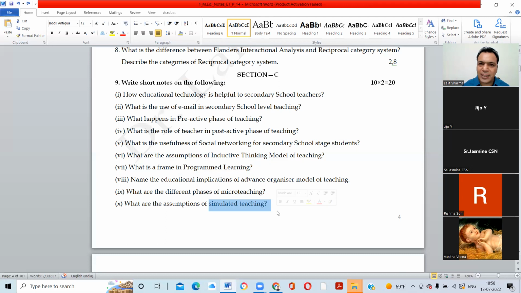So what is micro teaching basically? It is a scaled-down teaching. It is helpful for the teaching of the teacher. It is a teacher training technique under which the trainee prepares himself. And simulated teaching, I have already told you, is when we make an artificial environment before going to the real situation, before going to the internship.